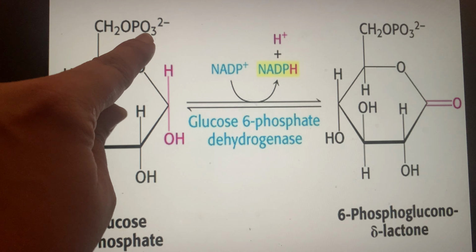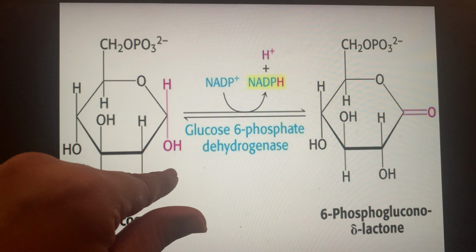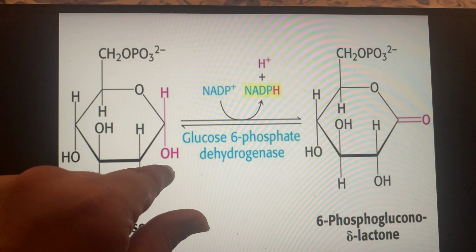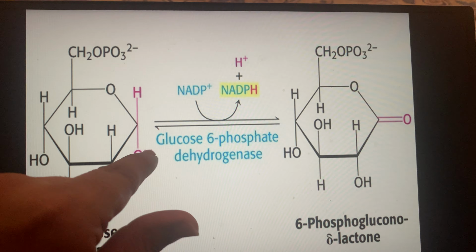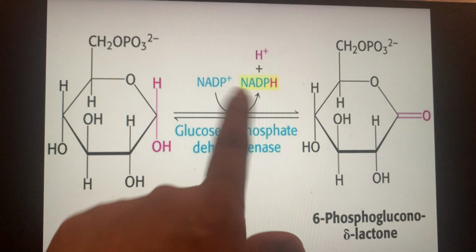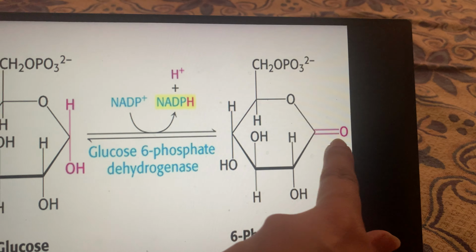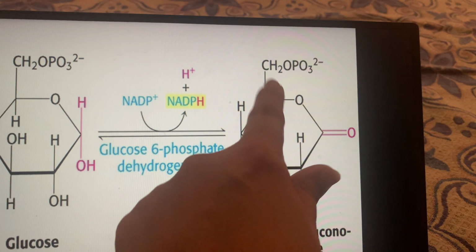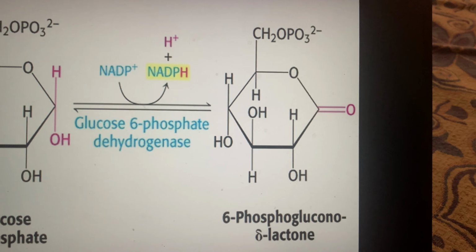There is the phosphate group, and this bond is shown in pink, that is the active bond, and from here hydrogen will be released, and this hydrogen will go with the NADPH, and this oxygen will be available to form the double bond O. This is a kind of ester, and that's why this is called 6-phosphogluconolactone.